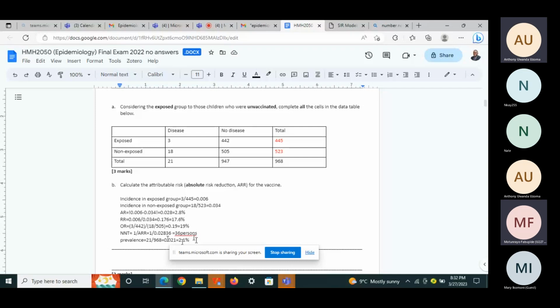So how will you interpret it? If you times it by 1,000, we will have 21.6, which is approximately 22 persons per 1,000 population.